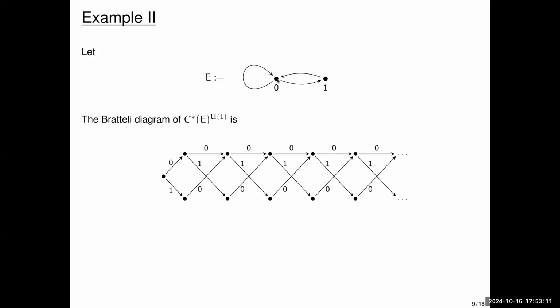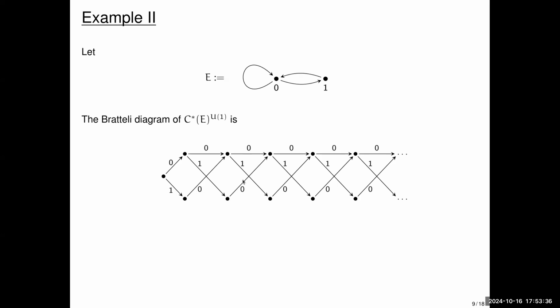If I'm at a vertex 0, I can move to 1, or I can stay at 0. So I can go here or I can go below. But if I am at 1, I cannot stay at 1 because there is no loop here. So from 1, I have to go necessarily to the vertex 0.